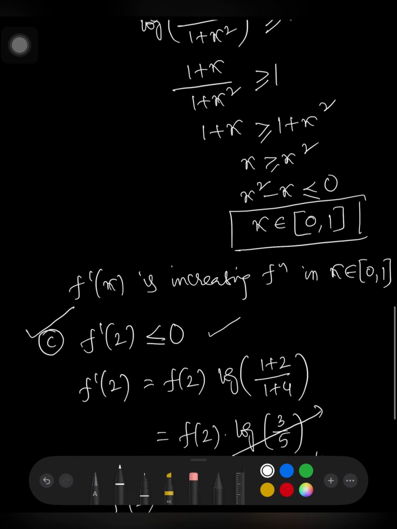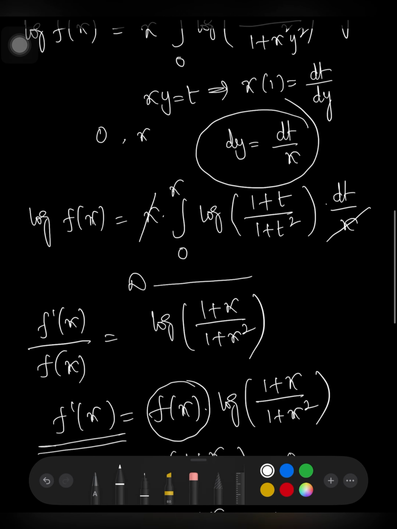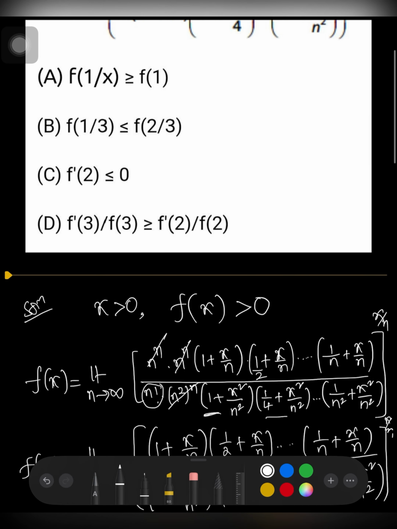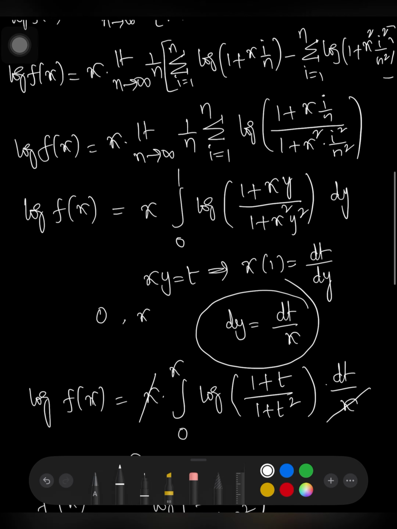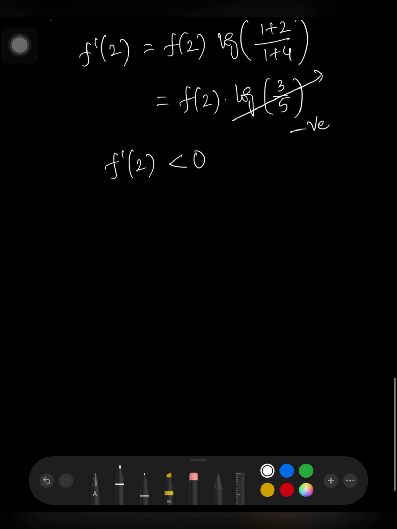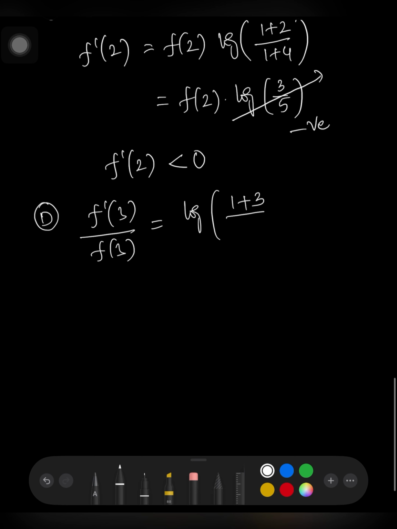Now coming to option D: f dash of 3 by f of 3 greater than or equal to f dash of 2 by f of 2. Now see this, f dash of 3 by f of 3 equals log of (1 + 3) by (1 + 9), so that is log of 4 by 10, that is log of 2 by 5.